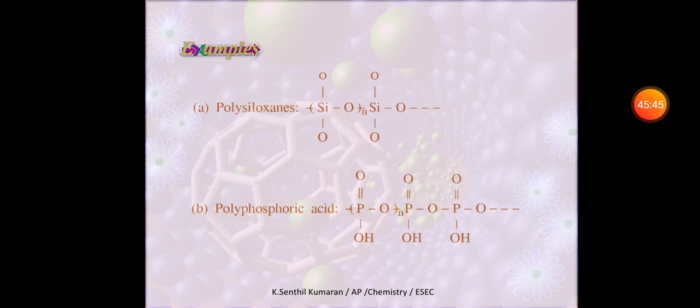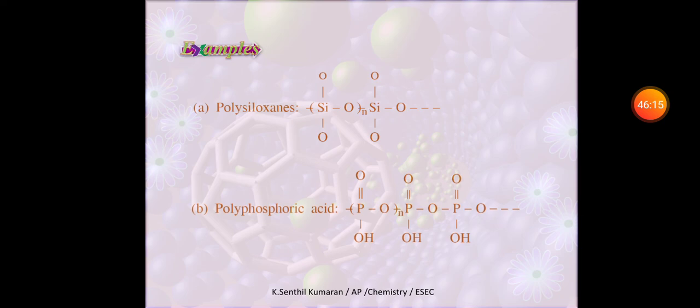The silicon atom is connected with different functional groups like oxygen. And polyphosphoric acid. Polyphosphoric acid means the phosphorus atom is connected with heteroatoms like oxygen and the OH functional group. These are called polyphosphoric acid.